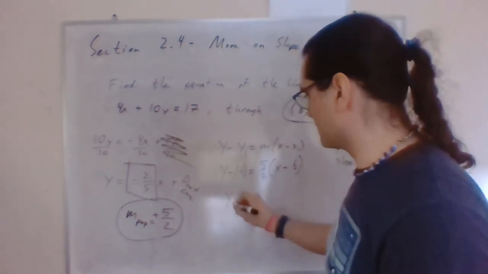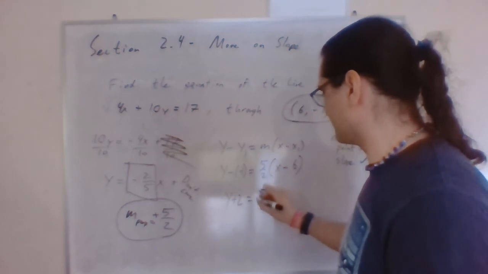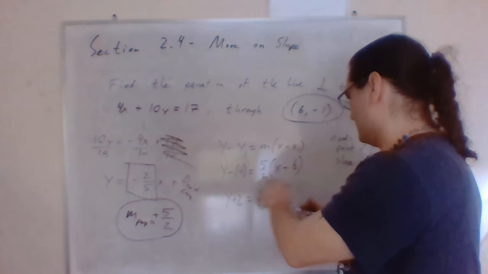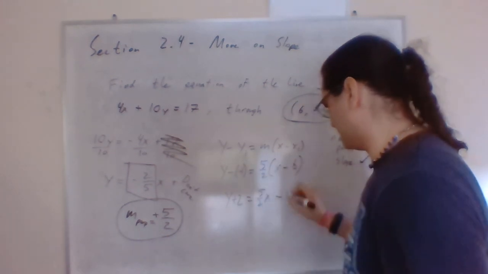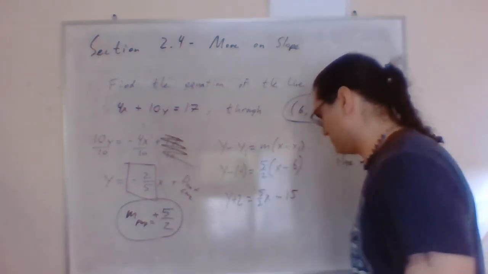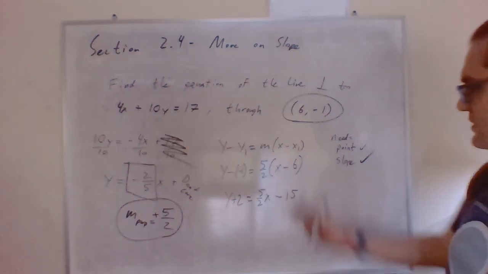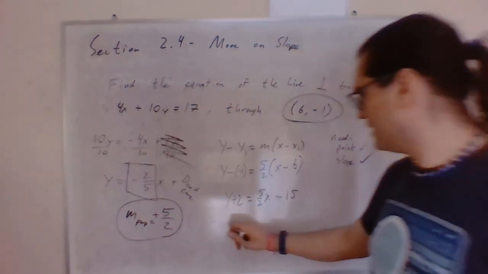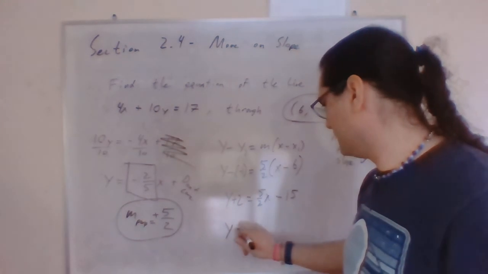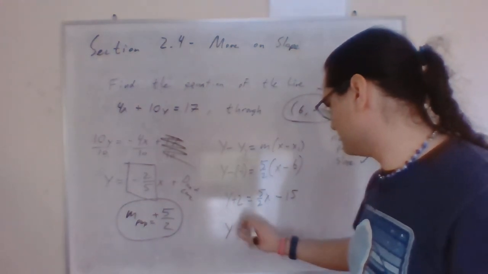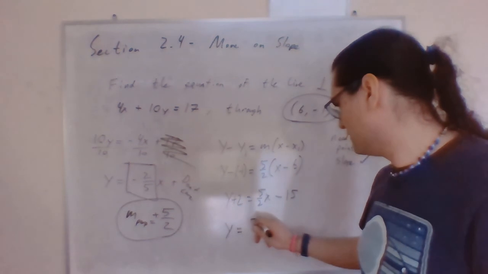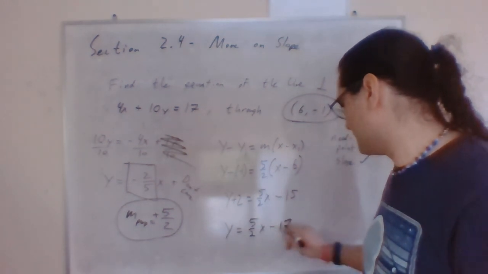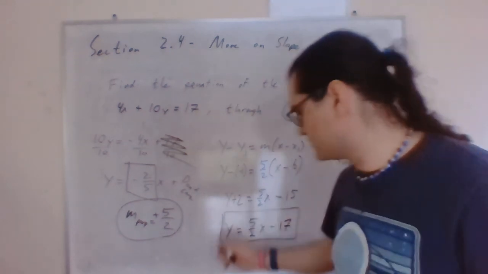So this looks like y plus 1 equals 5/2 x minus 5/2 times 6 is 15, should be. Because the 2's cancel, yeah, 5 times 3, yeah. And then you have to subtract 1 from each side, so y equals 5/2 x minus 16, and you are done.